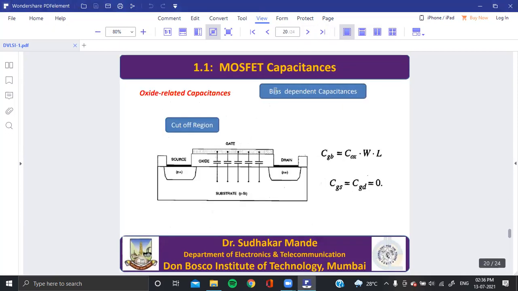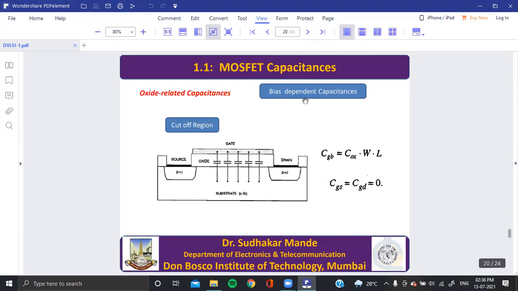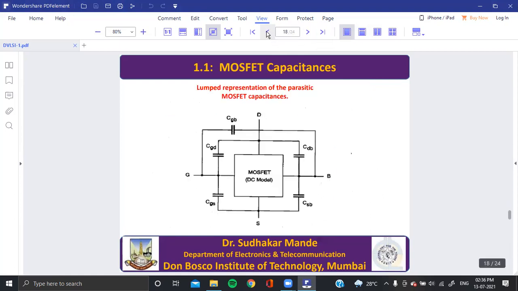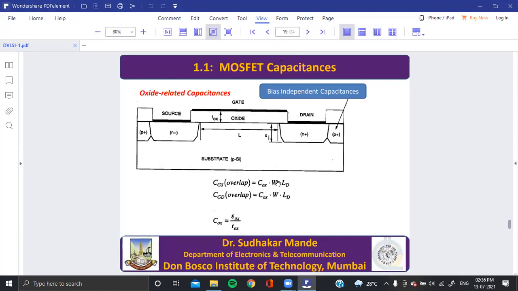Therefore these overlap capacitances are bias independent capacitances.